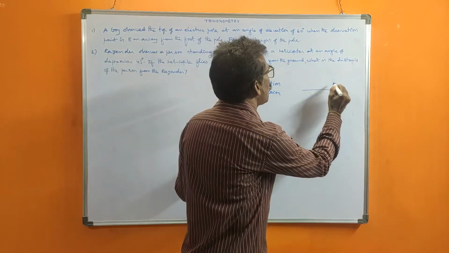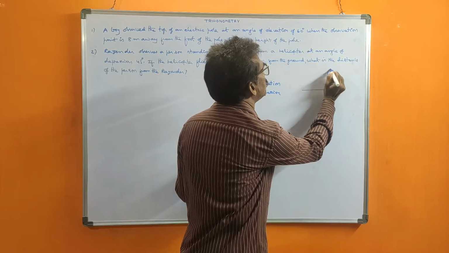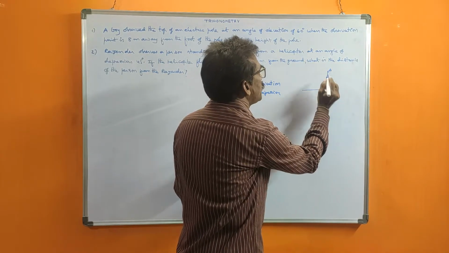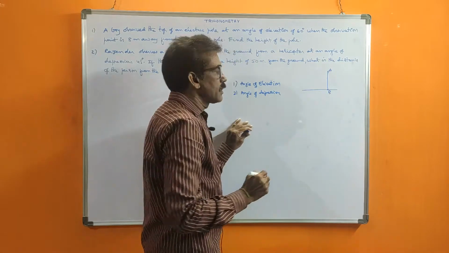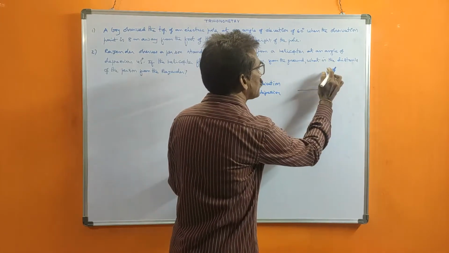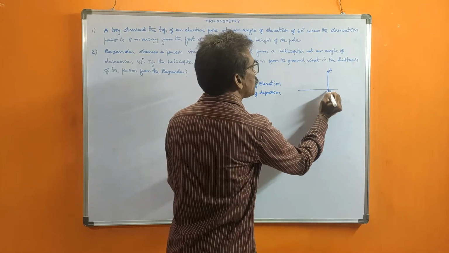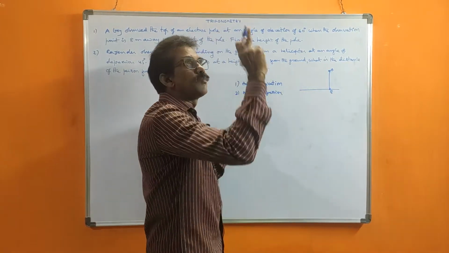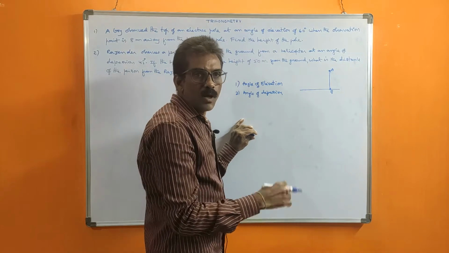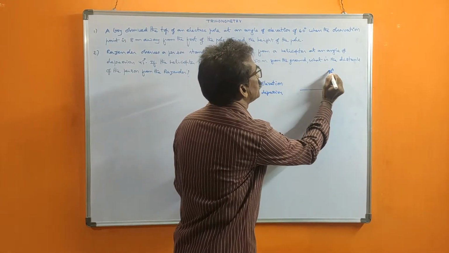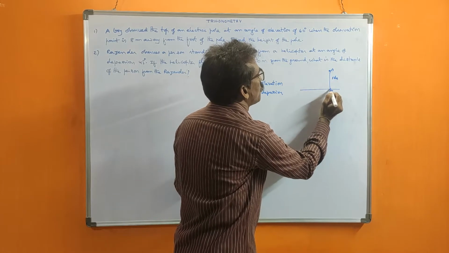Suppose there is a height, that means any pole or tree or building, and we should imagine it standing on a horizontal line. We will only take points: the building's top point and foot point. Suppose this is a pole, this is the top point, this is the foot point.